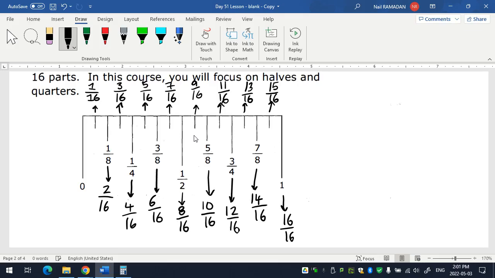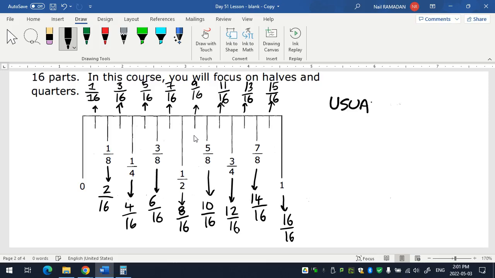Okay, so everyone, on almost every ruler I'm going to give you, most of the time, every inch is divided into how many parts fully? Exactly. So I want you to write this down.